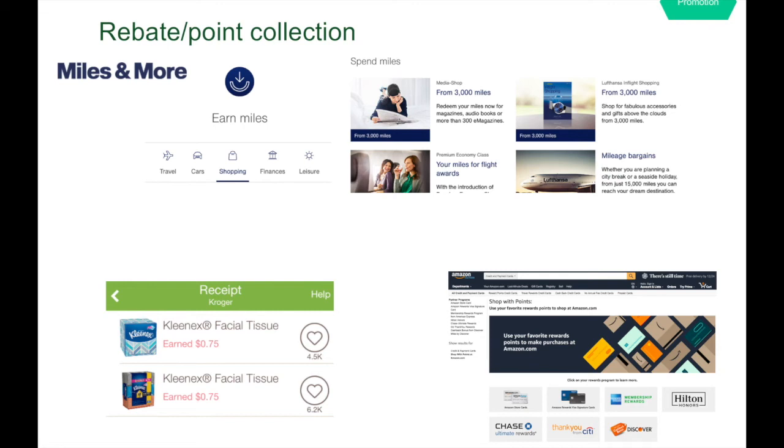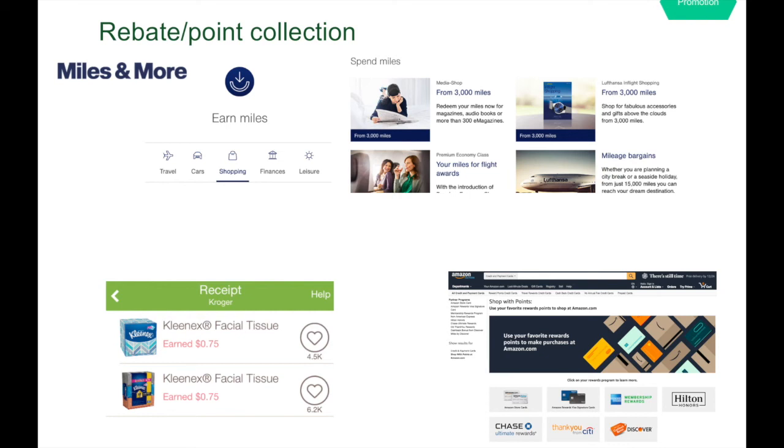However, in this case, we have earned some cents for 2 different Kleenex tissues. And obviously, if we collect enough, we can get one of these Kleenex boxes for free in this example. So that's a different approach. It's very similar to the loyalty program of Miles and More, but it's implemented a little bit differently.